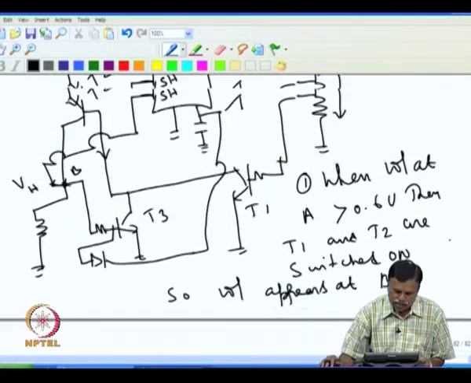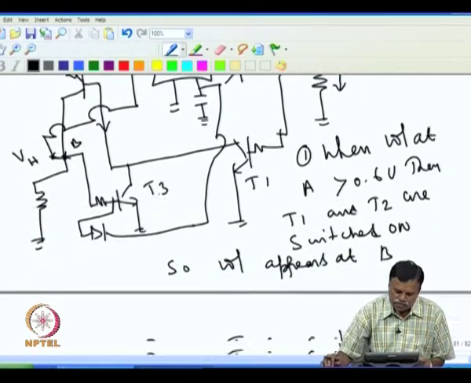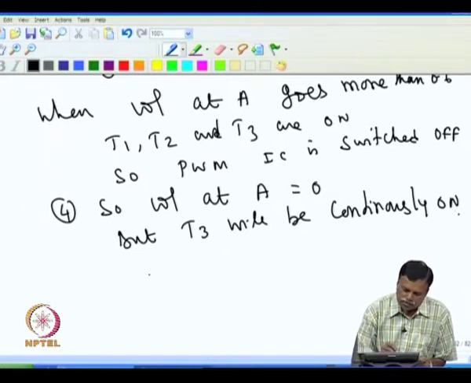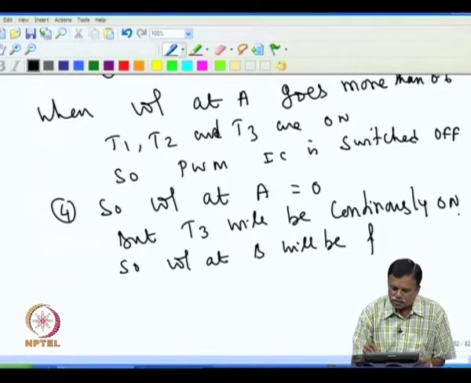So, even though the original voltage disappeared, T3 will be continuously on and voltage at B will still be present.